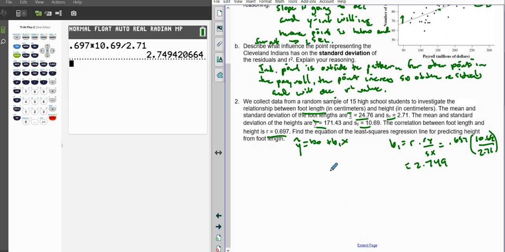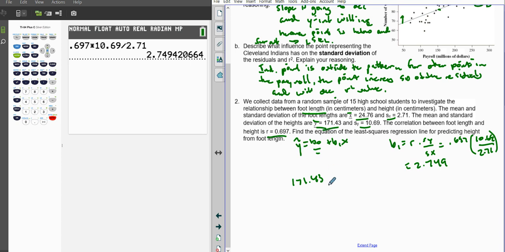Now, in order to figure out our y-intercept, we take one of our points. We take 171.43, because that's a point on the predicted value.